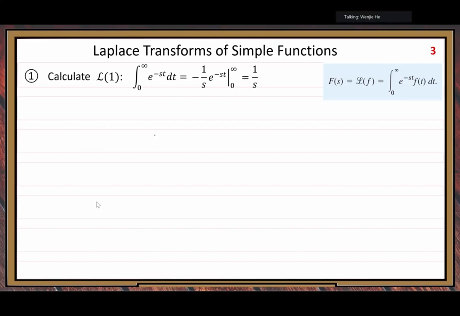So you get 1 over s, but negative, because the lower limit has a negative sign in front of it. So the answer is 1 over s, the first formula. Laplace transform, basic function, with the condition s greater than 0.